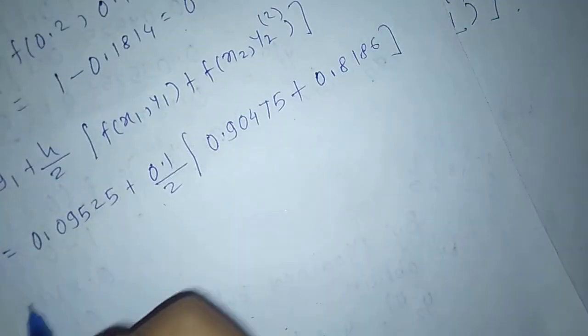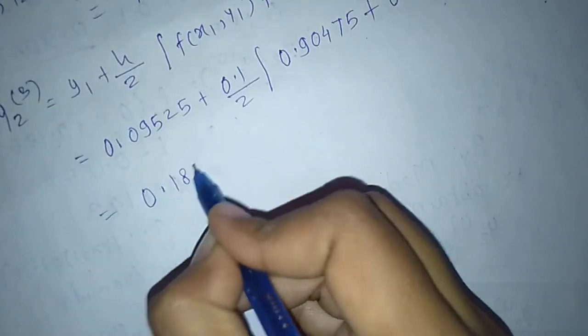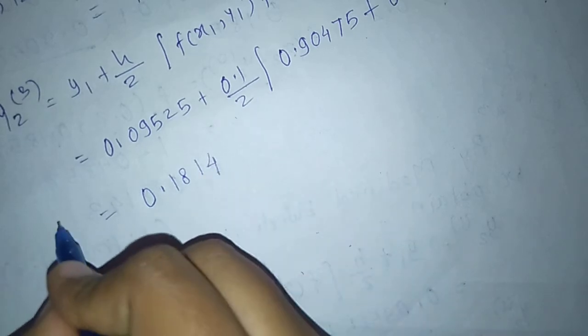After simplification we get y2 raised to 3 equal to 0.1814.